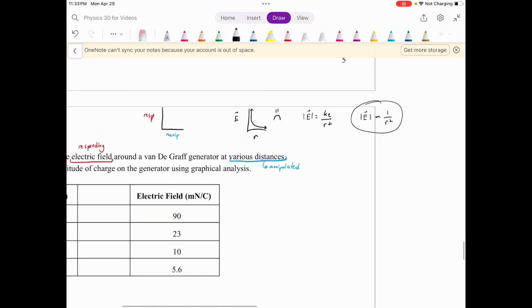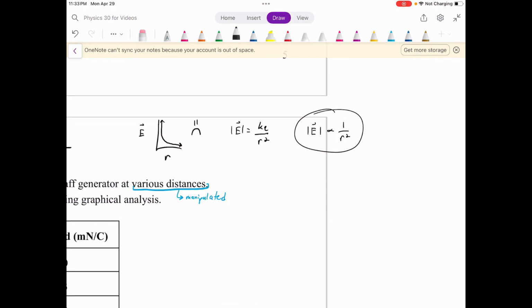So remember, when we say this, yes, we are saying that the electric field is inversely proportional to the square of r. But at the same time, look what we're saying. We're saying the electric field would be directly and linearly proportional to 1 over r squared. So remember, when you want to straighten the graph, start by asking yourself, what's actually the relationship between what I want, my responding variable, and the manipulated?